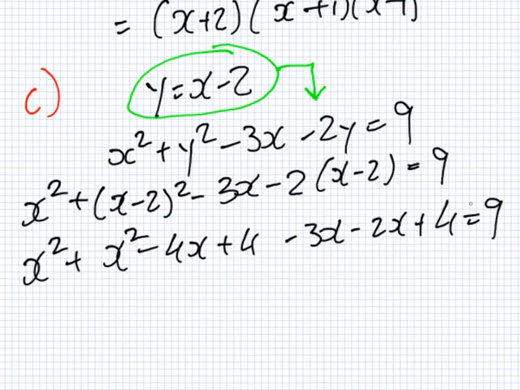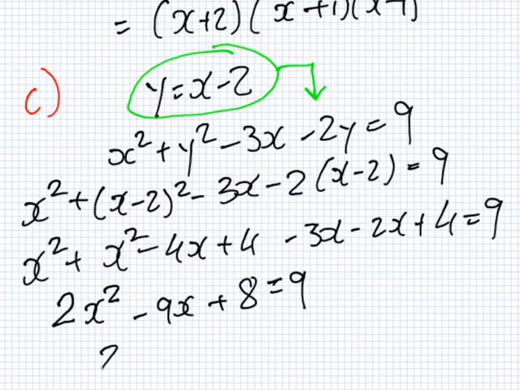Yeah? 2x squared minus 7x minus 9x minus 9x plus 8 equals 9. 2x squared minus 9x minus 1 equals 0.